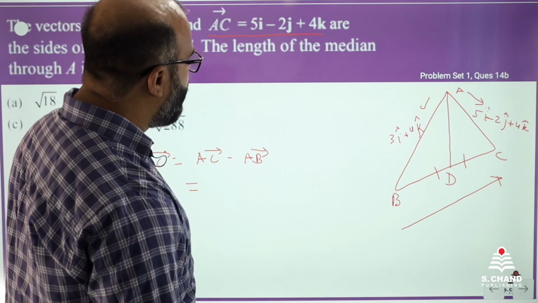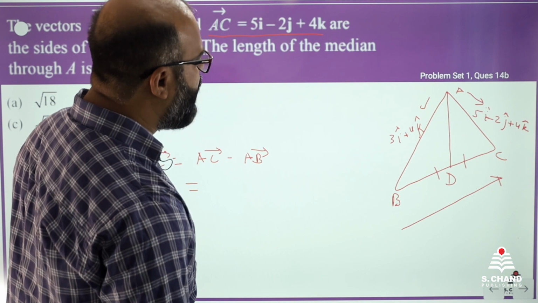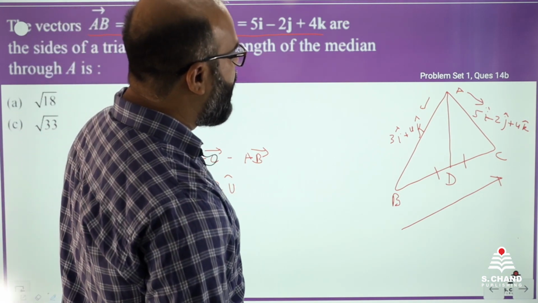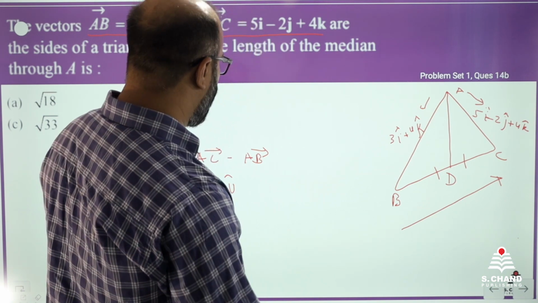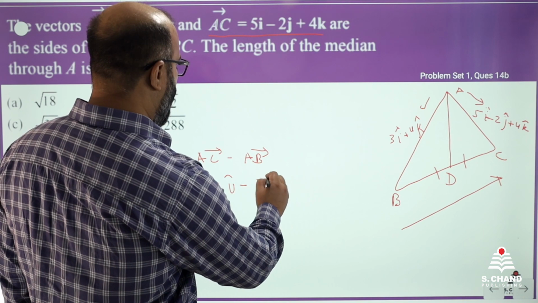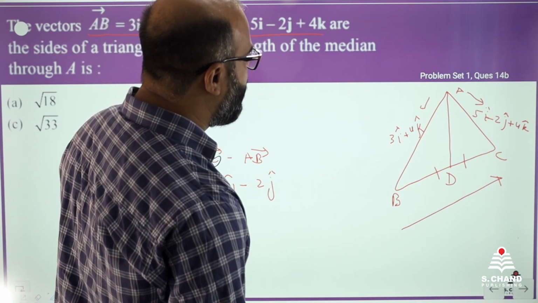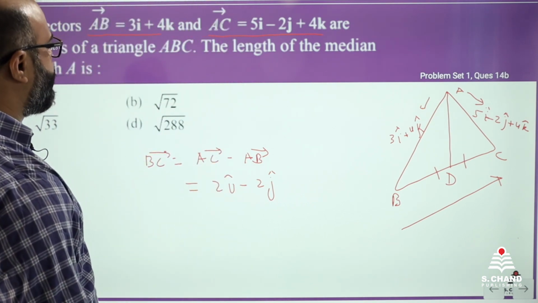So if you do AC minus AB, what will happen? 5i minus 3i will be 2i, and then we have minus 2j, and then we have 4k minus 4k, that will be 0. So this is what we are getting here.